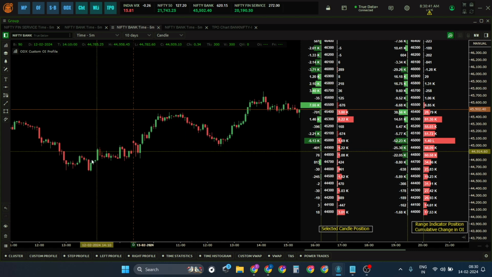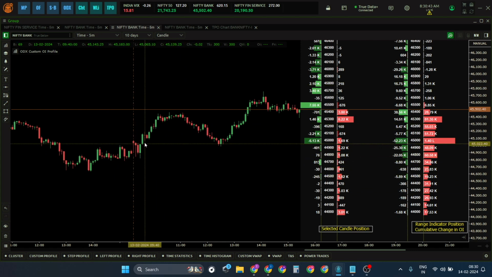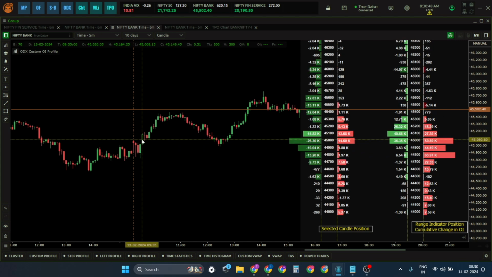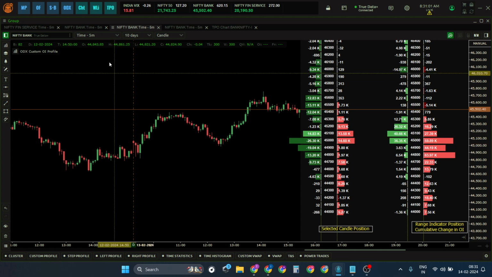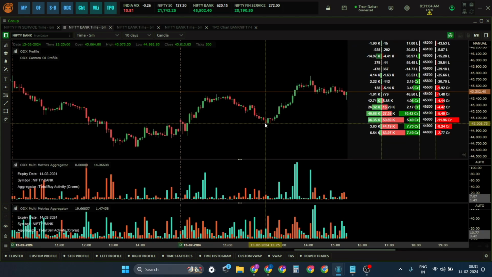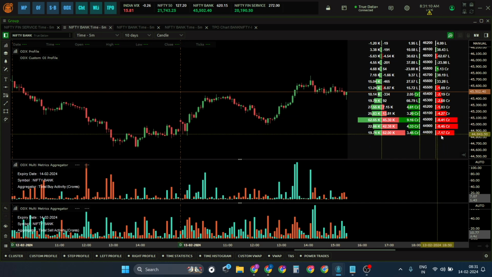And if you see in this profile using the ODX OI profile, we got confirmation after this breakout. But by using that profile, I recognized this breakout earlier itself. I have also posted it in my Telegram channel. By the way, the Telegram channel name is the Indus Trader. You can join that channel. I provide the updates there. So now if you see the same data, same Bank Nifty, on this candle itself you can see the live data provided me the early signals.